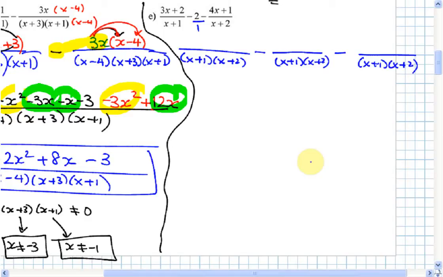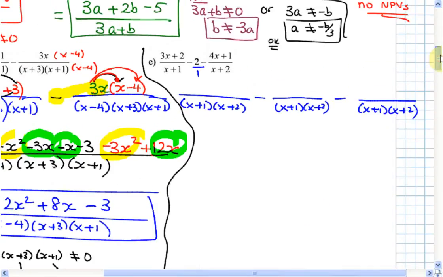And it's your job now to find out what to do to make them into this common denominator of x plus 1, x plus 2. I will help you with this first of all. If you're following along with me, what factor am I missing from the first fraction on the left? X plus 2. So therefore, I'm going to take the numerator of 3x plus 2, and I need to multiply that by the missing factor, which is x plus 2. Okay?